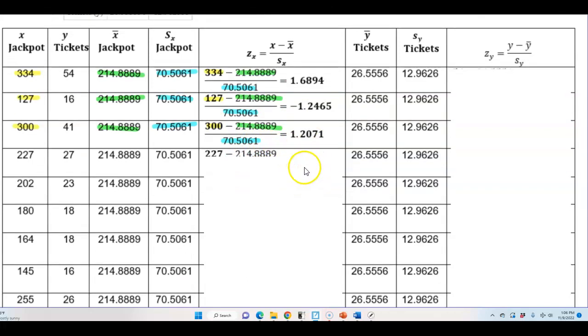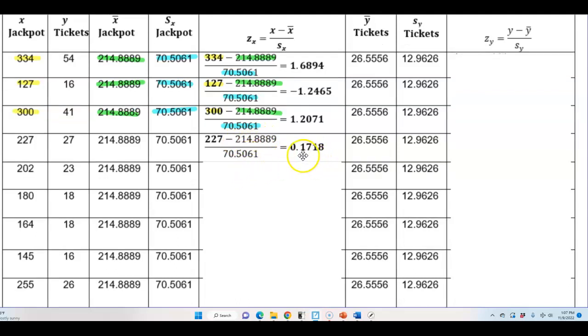We get 1.2071. As we continue, we take 227, subtract the mean over the standard deviation. We get 0.1718. And then we take 202, subtract the mean of the x values and divide it by the standard deviation. We get negative 0.1828.